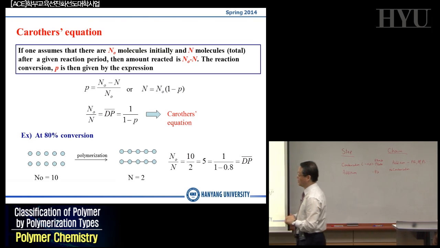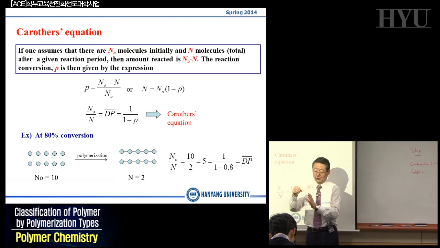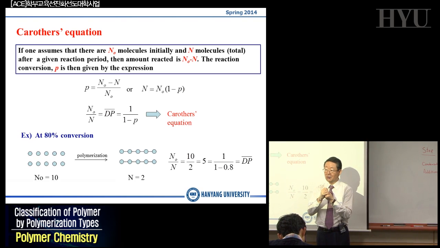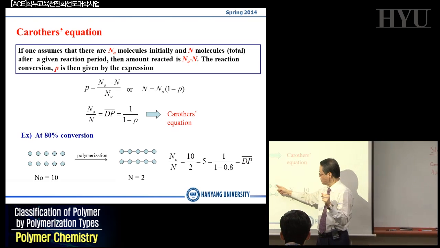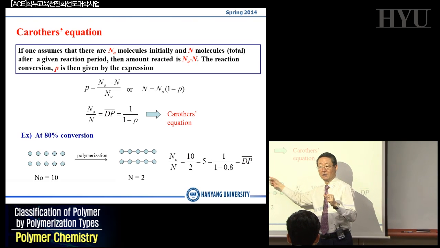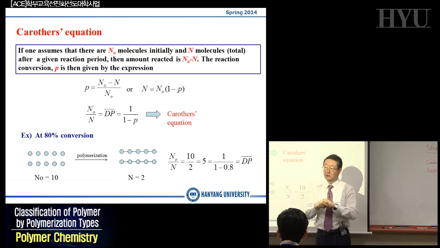Okay? In typical cases, what they do is very simple: after reaction, you just take a small portion of the product at a given time t, and in the case of a functional group, this might have functional groups at the end, right? So if you determine the terminal group by titration, then you will determine how many moles of your hydroxyl, for example, or how many moles of your carboxylic acid, or how many moles of your amine groups.